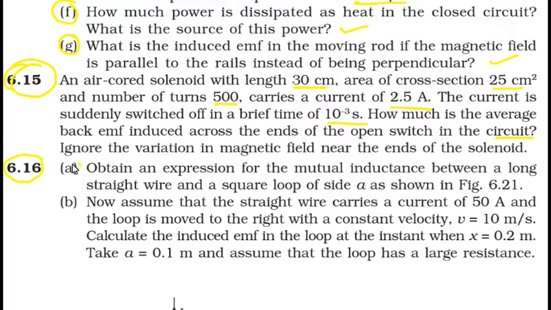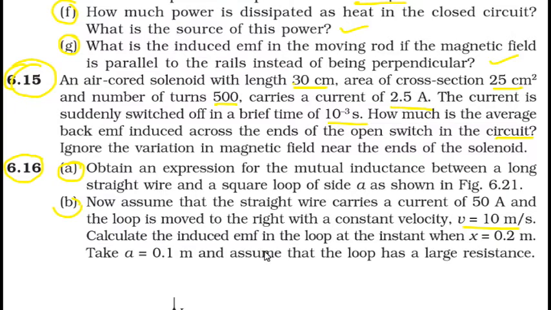6.16 a. Obtain an expression for the mutual inductance between a long straight wire and a square loop of side A as shown in figure 6.21. b. Now assume the straight wire carries a current of 50 ampere and the loop is moved to the right with a constant velocity v is equal to 10 meter per second.